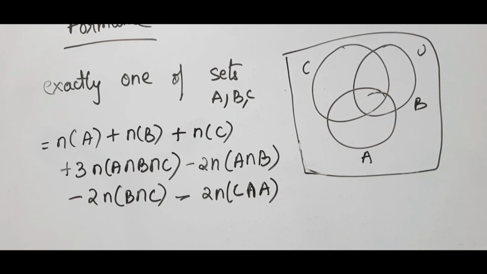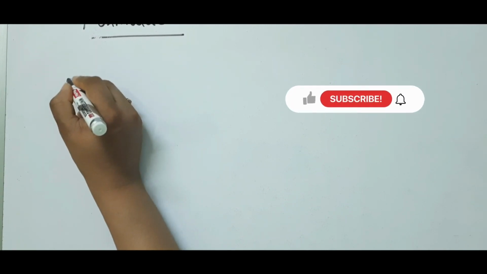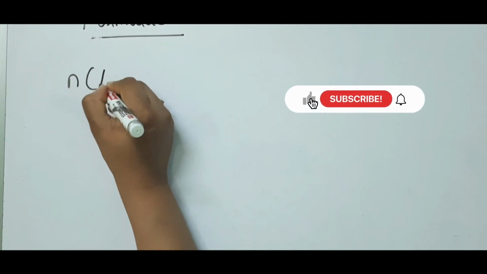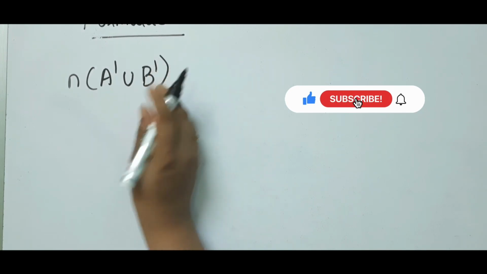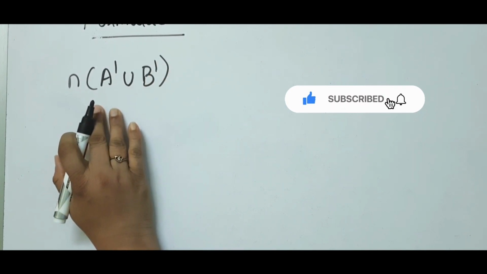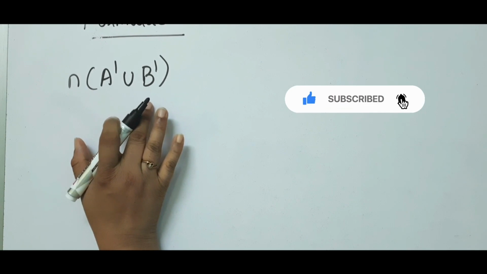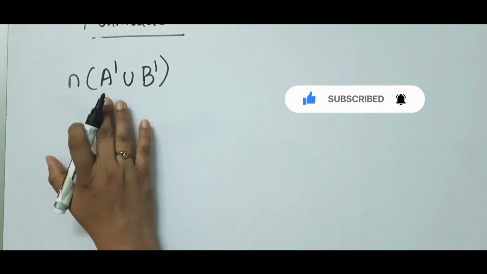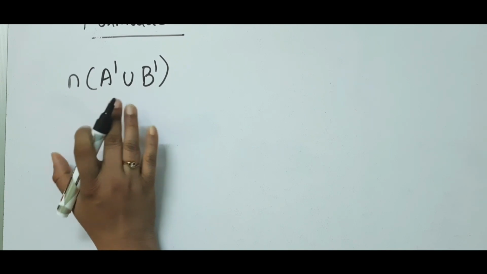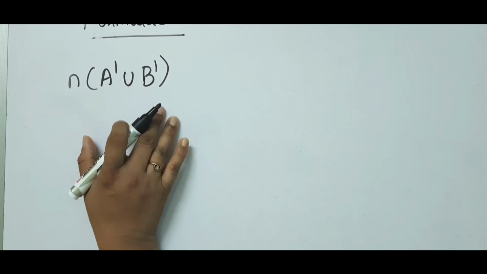Number of elements of A complement union B complement, if we need. We learnt in De Morgan's law that A complement union B complement will be A intersection B, whole complement, is it not?